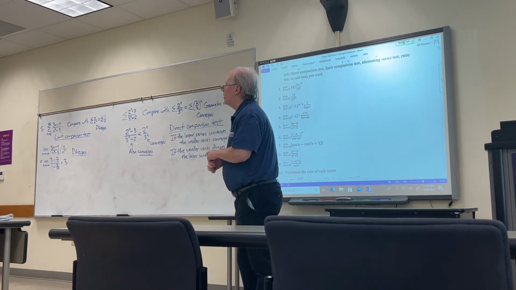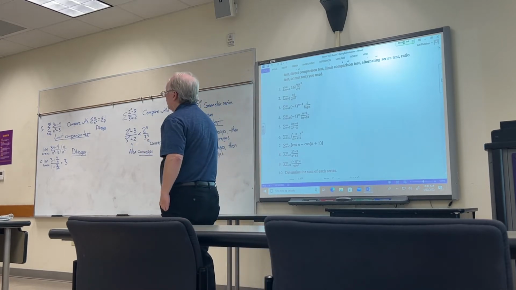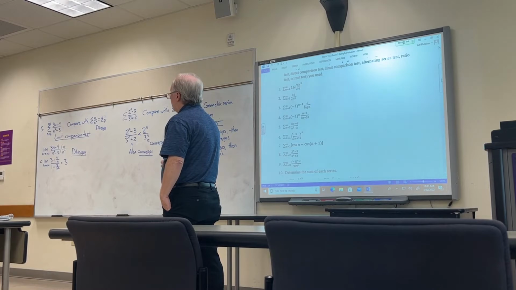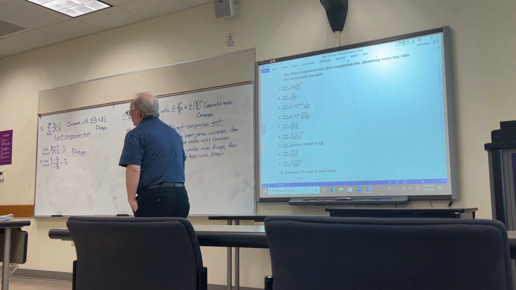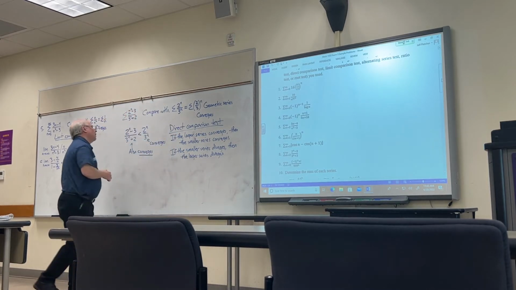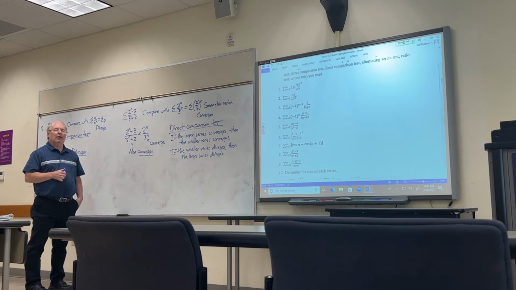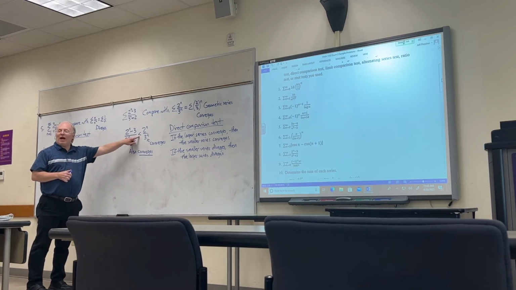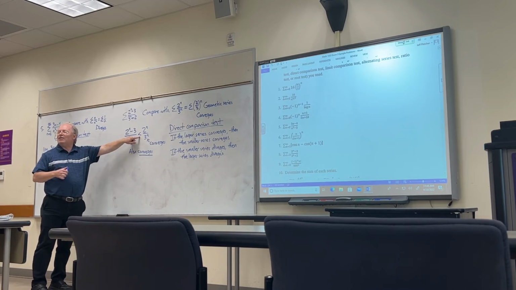So if the smaller series were greater than 2/3, or 2n over 3n, would that mean that it would diverge? If it was 2n plus 3 over 3n minus 2, it would diverge. Well, it wouldn't diverge, it would just mean this inequality is greater than, and in that case, the direct comparison test wouldn't tell you anything.